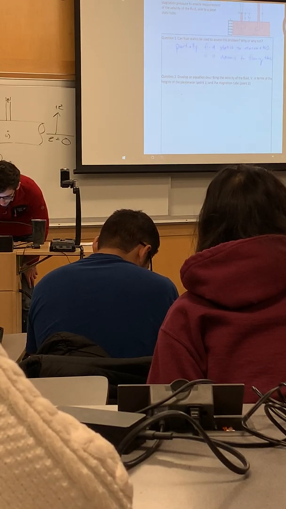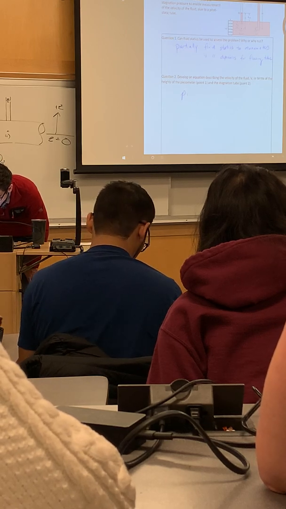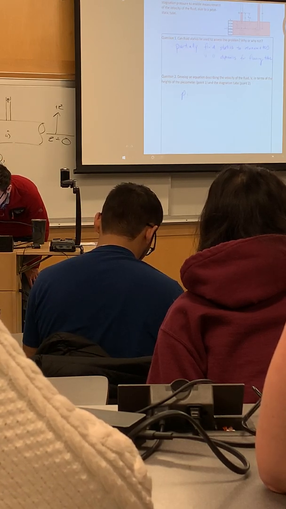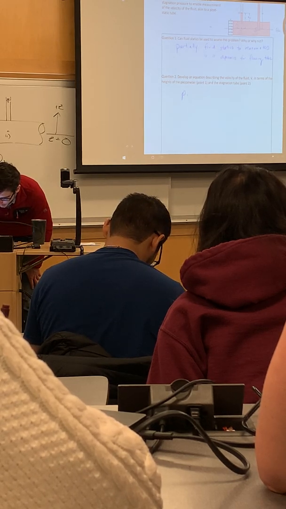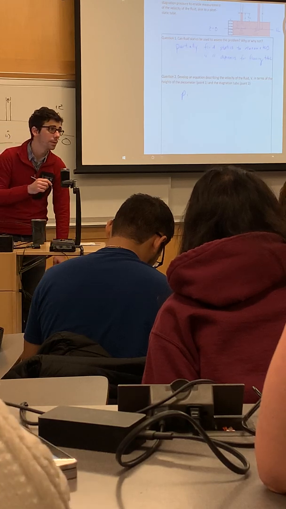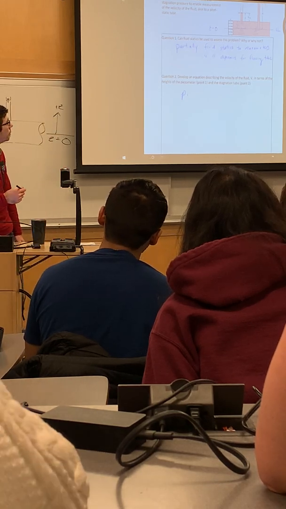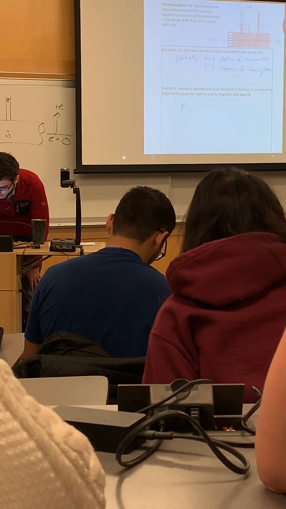Okay, so let's write our Bernoulli equation. Let's go through the steps again here. We're going to draw a streamline that connects 1 and 2. We're going to set our datum to be equal to 0 at points 1 and 2, because that's a convenient thing to do. Then we don't need to worry about the elevation head of the points themselves.